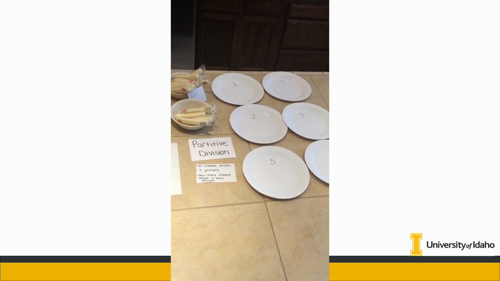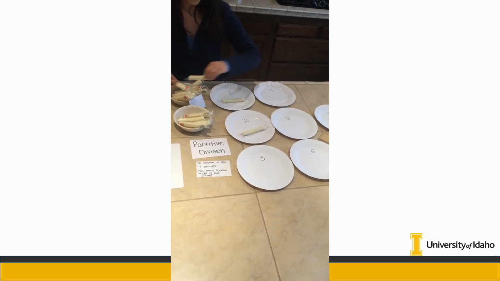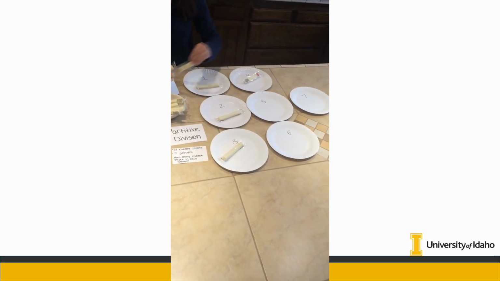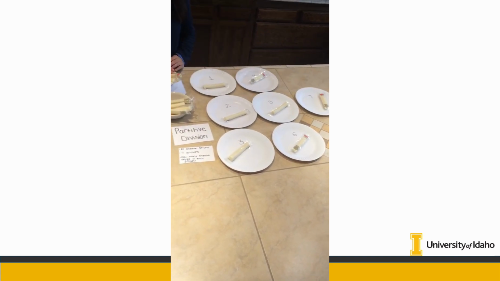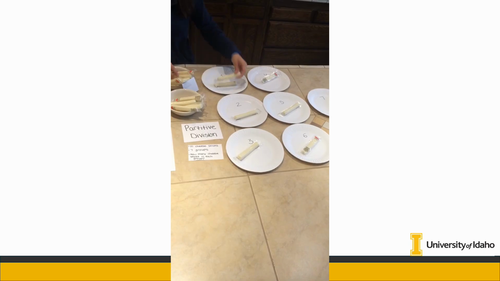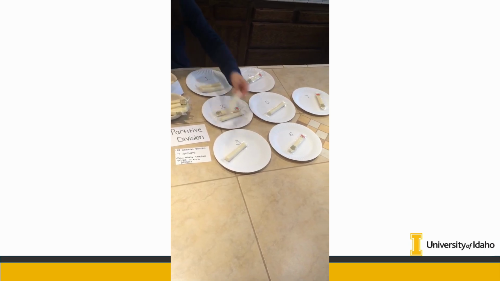So I'm going to start off by putting 1 cheese stick into each group. And I still have some cheese sticks left over, so I know I can do groups of 2 items for each of my groups.